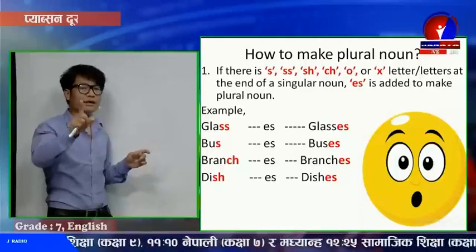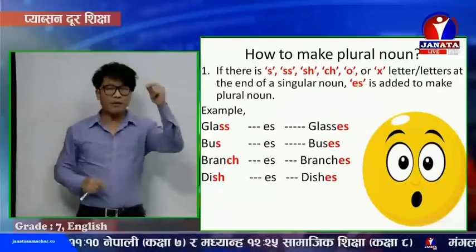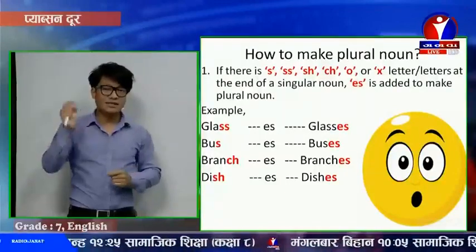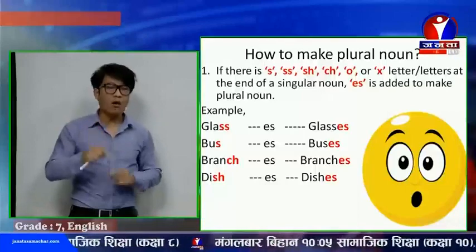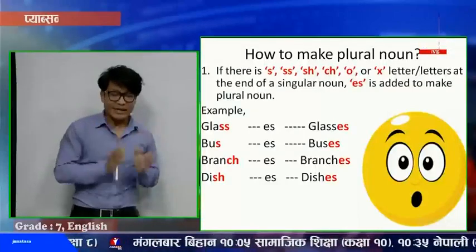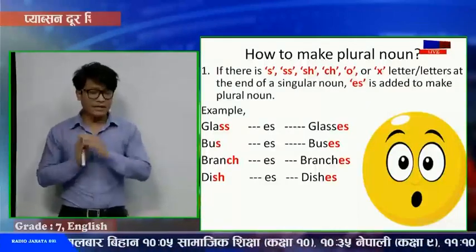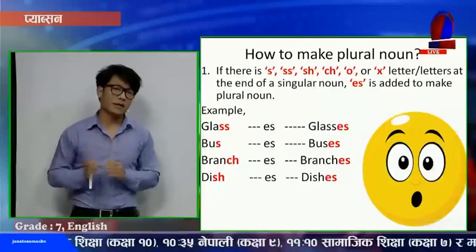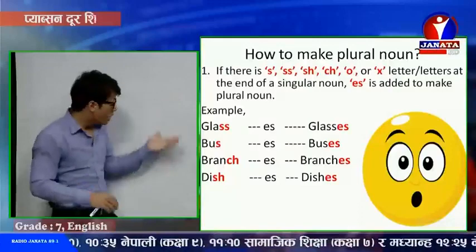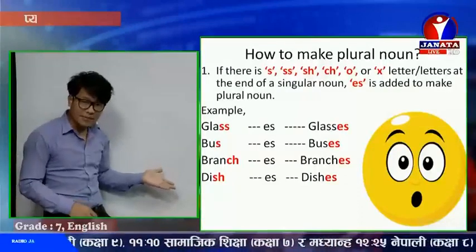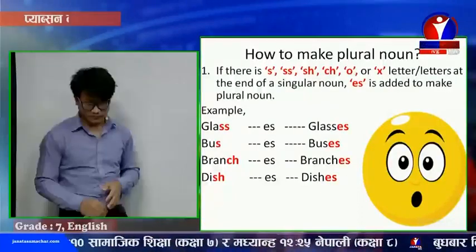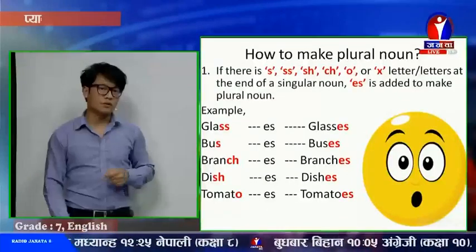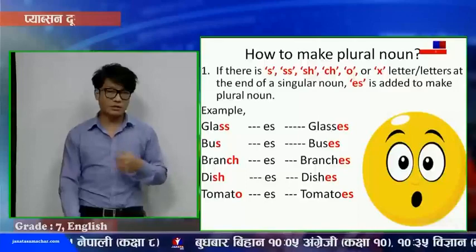Do not forget this. If there is s, ss, sh, ch, o, or x letter or letters at the end of a singular noun, es is added to make plural noun. So we have example. Now next, tomato.